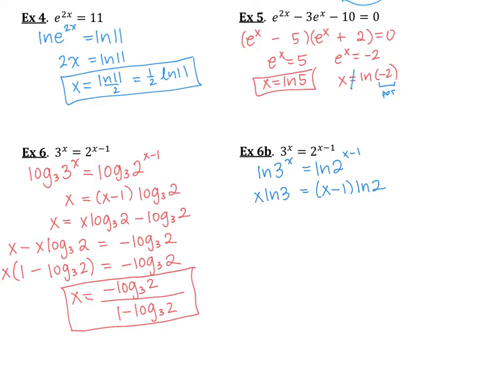I still want to get the x's on the same side of the equation, so I am still going to distribute. This is going to end up having pretty much the exact same steps, which is why I'm showing you both ways so you can decide which one works better for you. Okay, I'm going to move the x's to the same side of the equation, so the x ln 3 is good. Let me subtract the x ln 2 over to here, and I'll still have a negative ln 2 on this side. Now that they're on the left side, I can factor out the x.